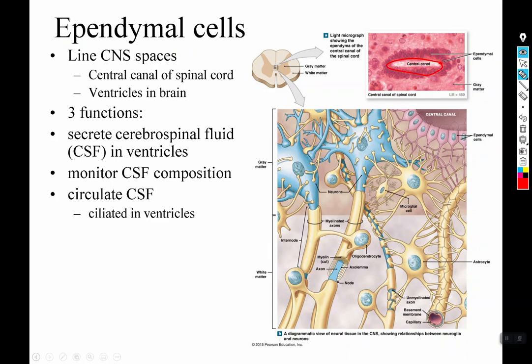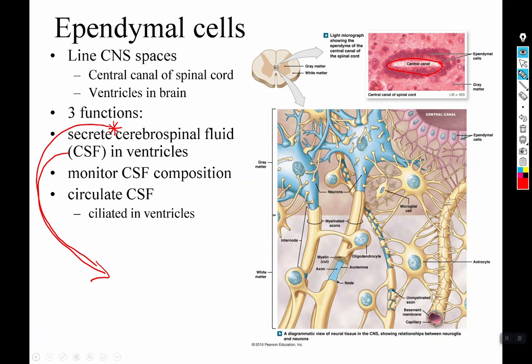So the ependymal cells secrete cerebrospinal fluid. And I'm going to put an asterisk on this because cerebrospinal fluid is really sort of modified blood plasma.